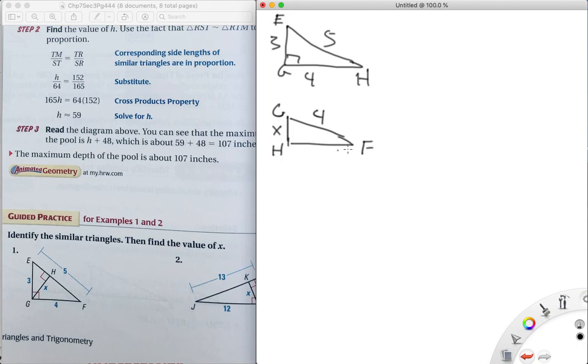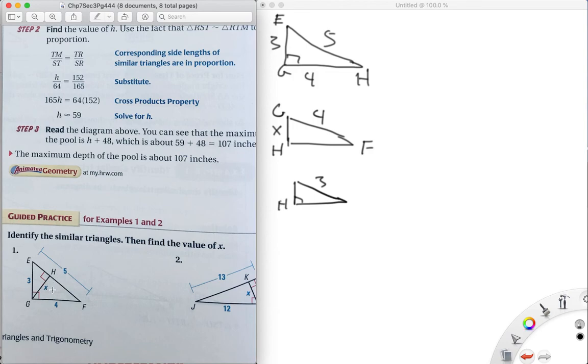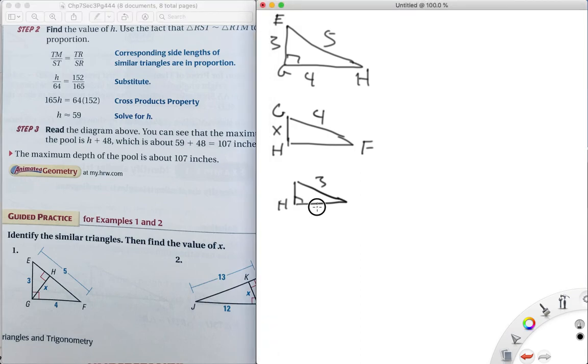So it's GHF. Then we have the smaller triangle. Again, everything is based off the hypotenuse. The hypotenuse is across from the 90-degree angle, so that's 3. This was the shortest side of the medium, so it's going to be the longest side of the small.